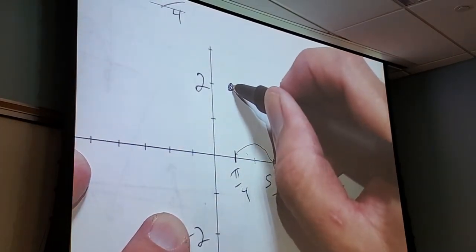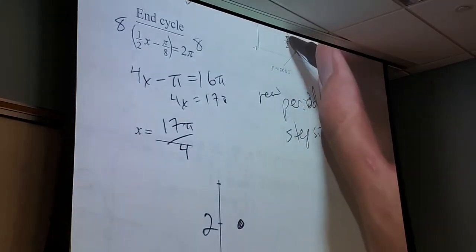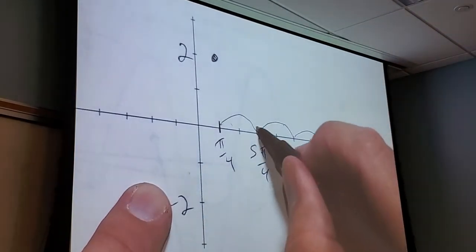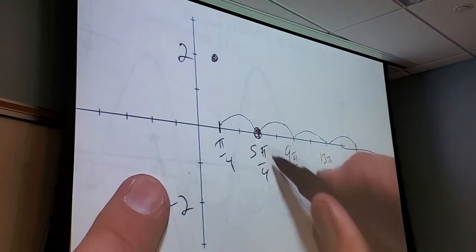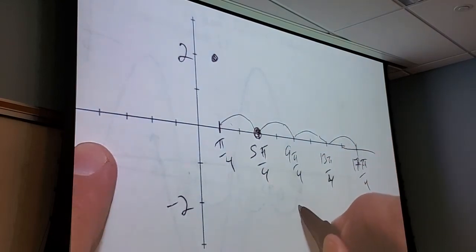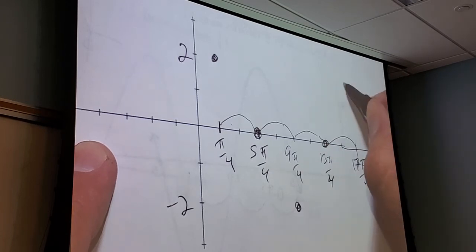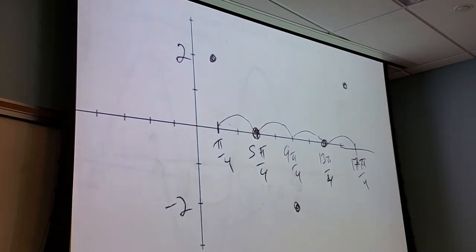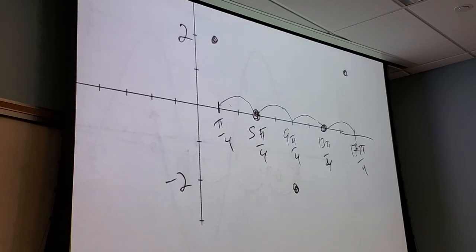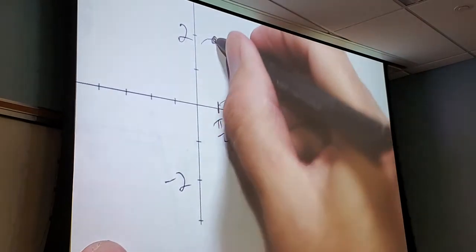And then where does it go? 0, and then it goes to negative, in this case negative 2, and then it goes to 0, and then it goes to 2 now. That's why we break it up into 4 parts, because that's where it is 1, 0, negative 1, 0, 1. And then I just have to fill it in.